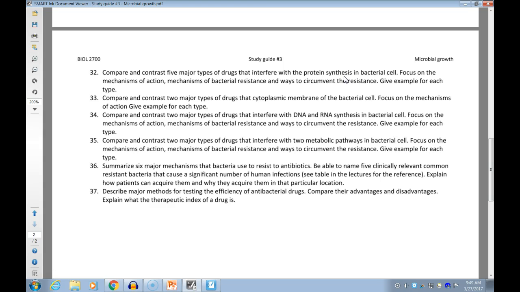Oxazolidinones. Okay, so these four drugs bind to the 50S subunit. For them, know the mechanism, for instance, chloramphenicol prevents the formation of the peptide bond. Oxazolidinone prevents the formation of the entire ribosome. Lincosamides cause the early dissociation of tRNA.